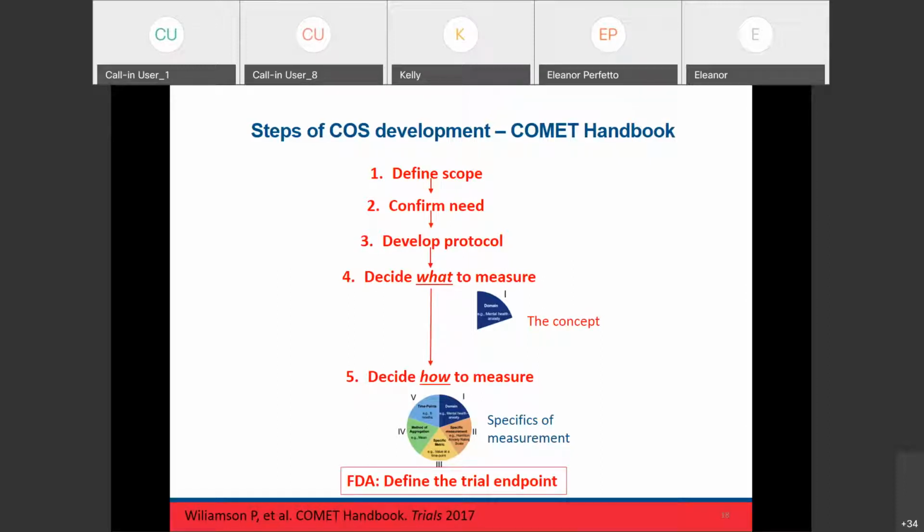And when we do these, we actually do it kind of the other way around. We start with the need, then figure out the scope that's appropriate for that need. Then developing a protocol, deciding the concept, the what to measure, and then once you've worked out what's most important to measure, you get into the specifics of how to measure.